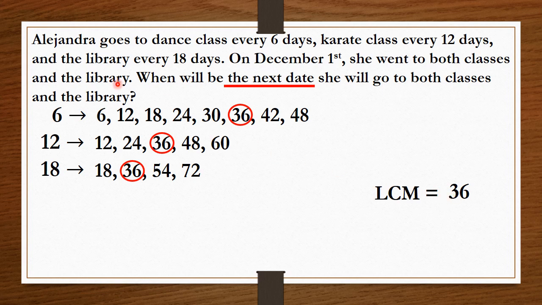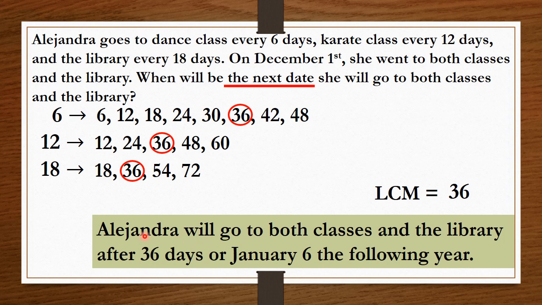So, when will be the next date she will go to both classes and the library? Alejandra will go to both classes and the library after 36 days, or January 6 the following year. So, on January 6 na the following year.